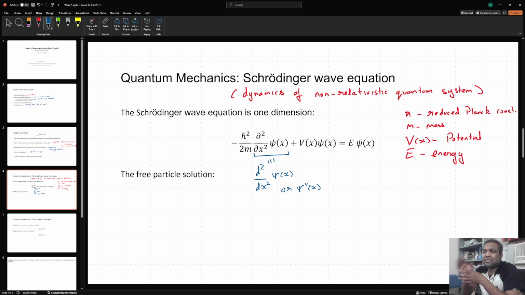However, I have written this as a partial derivative because even in a 1D system, we can have time dependence, although I have not mentioned it here. I should have mentioned this here: this is the time independent form of the Schrödinger equation. There is also a time dependent form, but we shall not be needing that. The time independent form is all that we need.